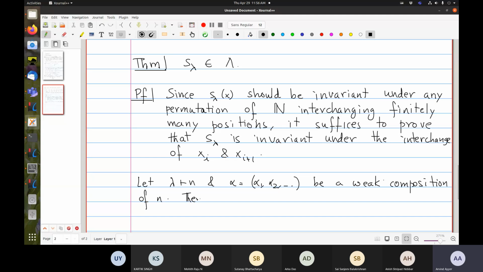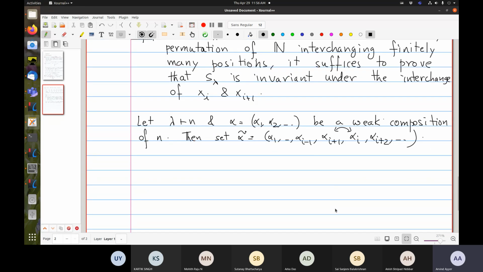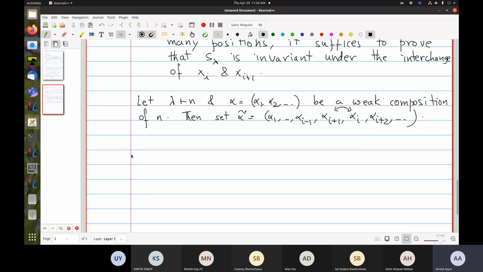Then set alpha tilde to be the same as alpha, except interchanging alpha i and alpha i plus 1. So these two are interchanged from alpha.